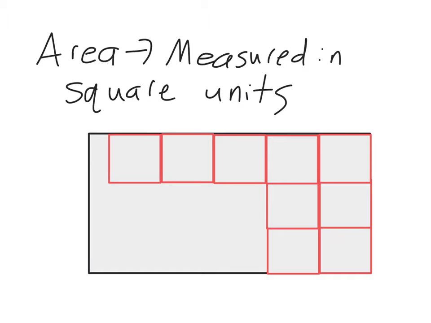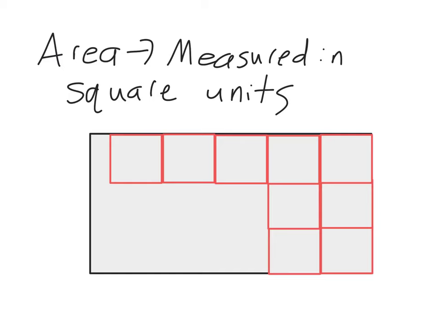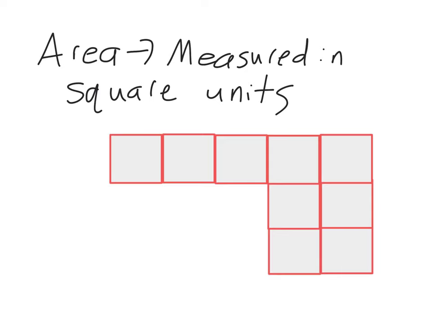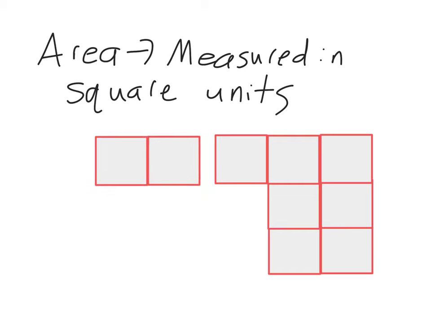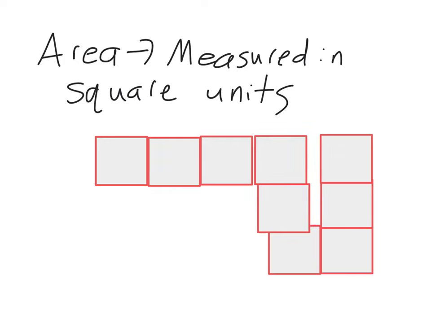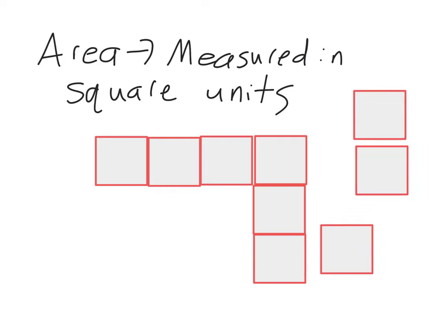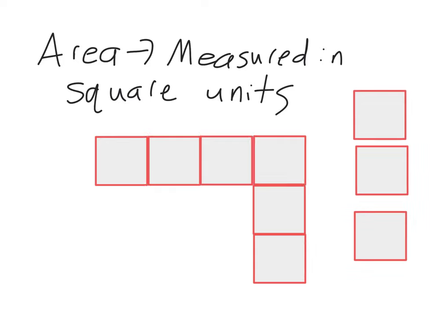I'll fix it. So I've got 1, 2, 3, 4 across, and let's say I had 3 down. That's perfect.